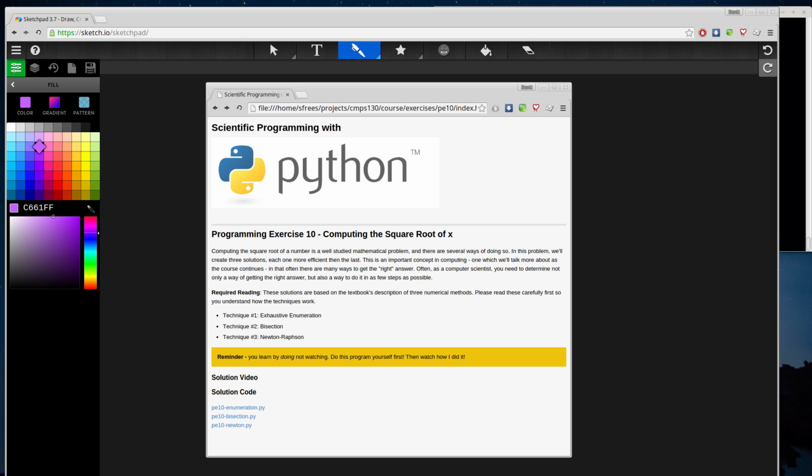If you remember from exercise 7, we used exhaustive enumeration to find perfect cube roots. So if the user typed in 27, we were able to find the fact that 3 cubed was equal to 27. Now, that program was fairly simple because of the big caveat that it had to be a perfect cube root. We're not going to talk about perfect square roots here.